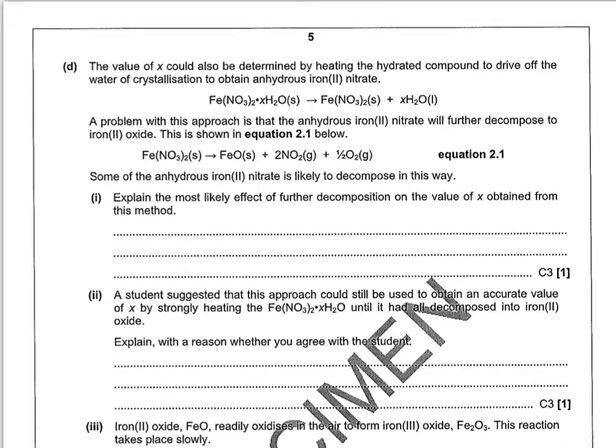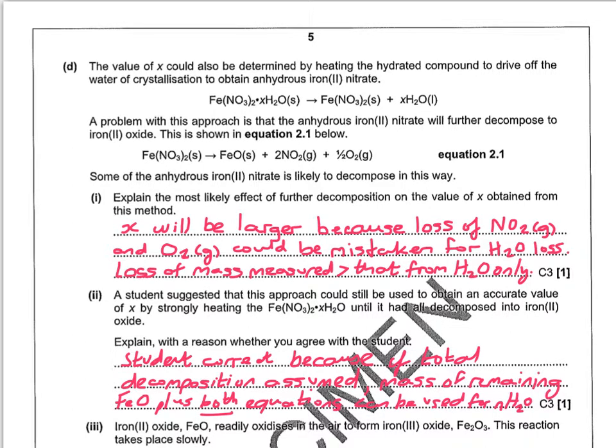Then it says a student suggested that this approach could still be used to obtain an accurate value of x by strongly heating the hydrated iron nitrate until it all decomposed into iron(II) oxide. And it says explain with a reason whether you agree. So the student is actually correct, because if you assume total decomposition, then the only remaining thing in the crucible will be the iron oxide.